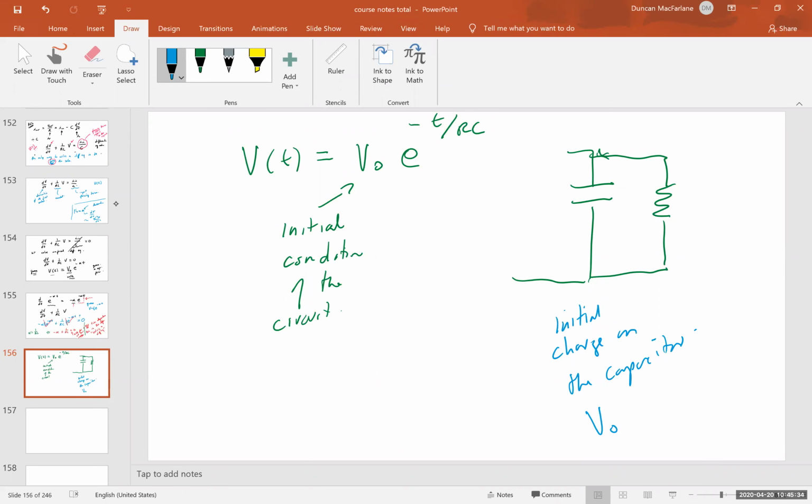So I start with a fully charged capacitor. And then what happens is that charge trickles out of the capacitor and goes through the resistance.